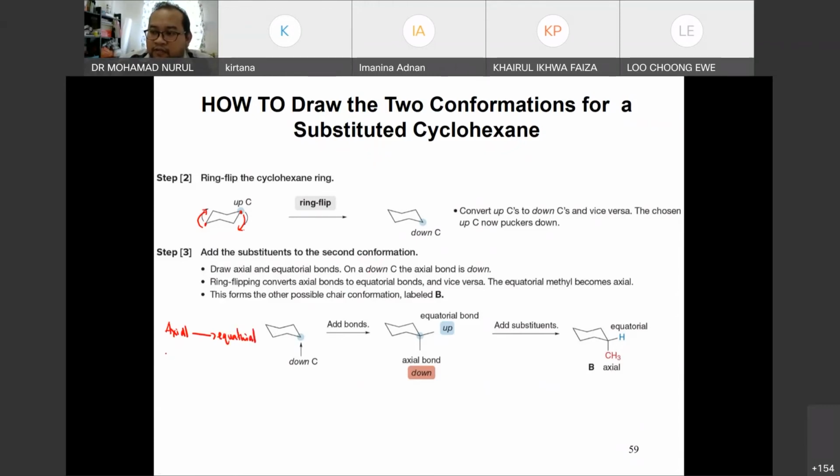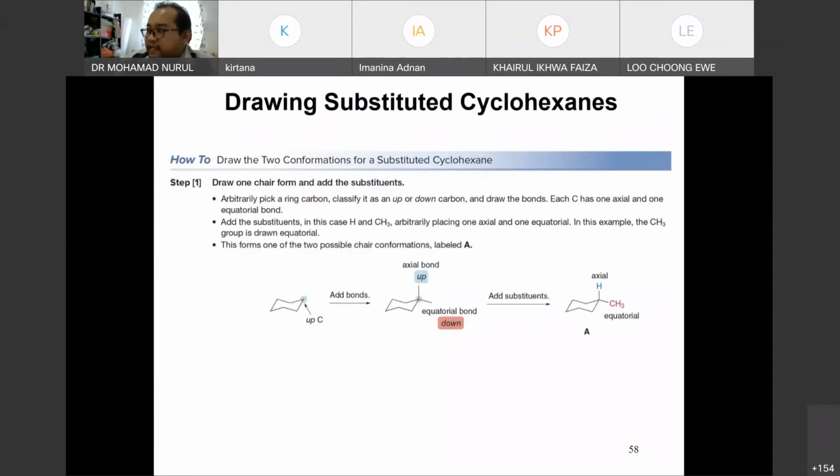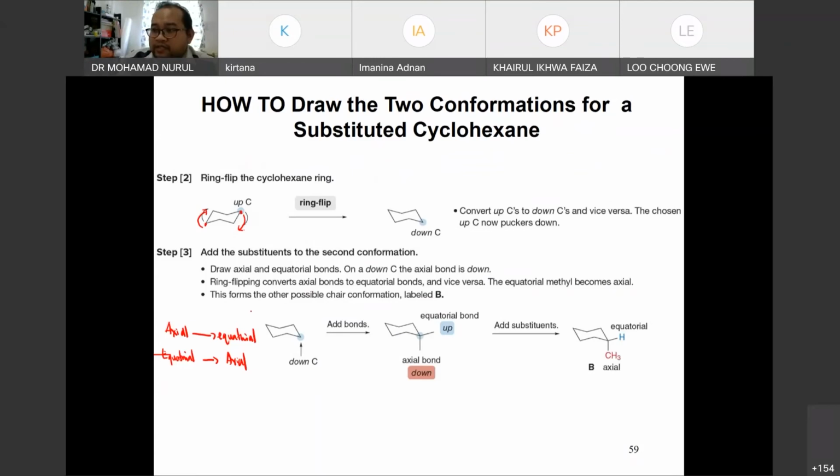If they are equatorial, they become axial. For example, like this, this CH3 is in an equatorial position. By using these rules, it becomes axial.